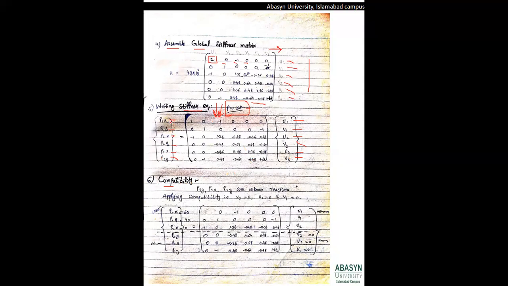Like for the P1x, if we see node 1 here, let me remove this for easiness. If we see node 1 here, we have a load of 60 kilonewton in the x direction at node 1. So it basically means that we have a P1x of 60 kilonewton in the positive x-axis direction.